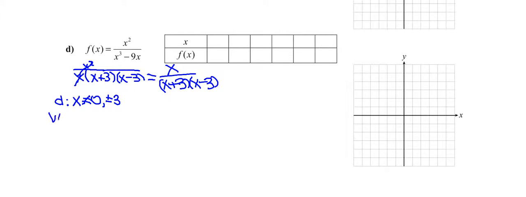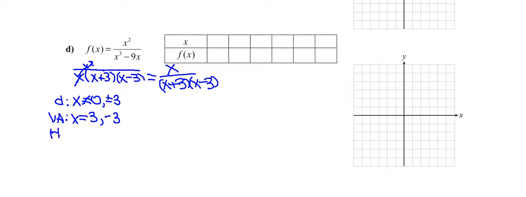Okay, vertical asymptote, we get that once we have crossed out any holes. So for the vertical asymptote, it's x equals 3 and negative 3. Okay, now we can do our horizontal asymptote.